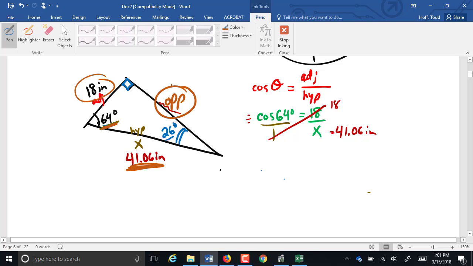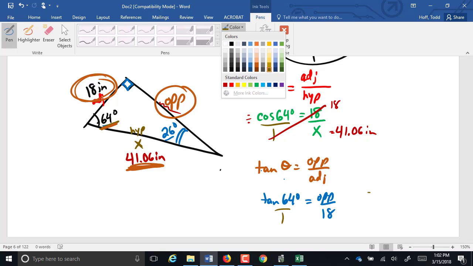So I have the opposite side and the adjacent that I'm given. What trig function is that? Tangent. So again, I'm going to plug in what I know. I know the angle is 64 degrees. The opposite side is what I'm looking for. The adjacent side is 18 inches. And so again, I will make this a proportion and cross multiply.